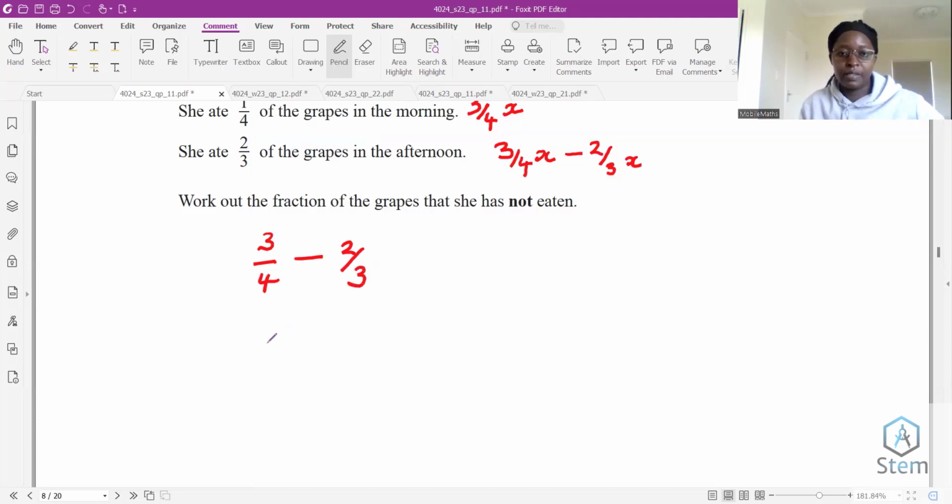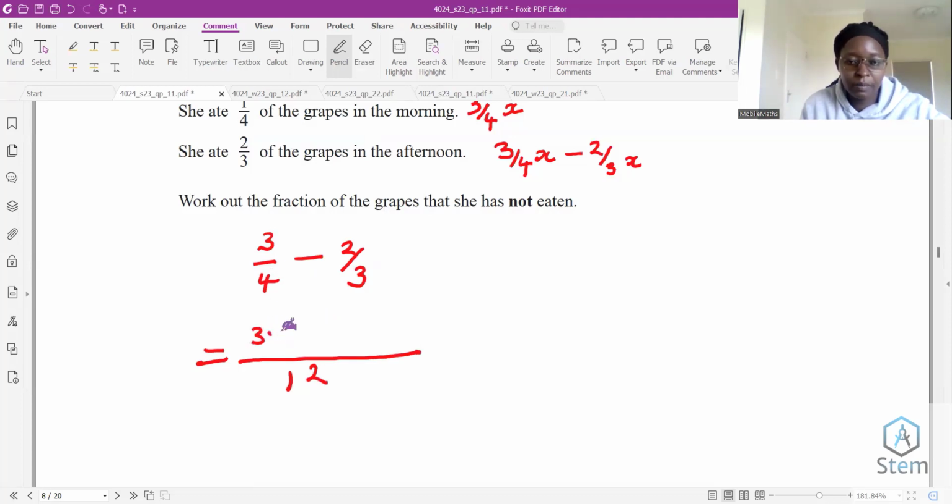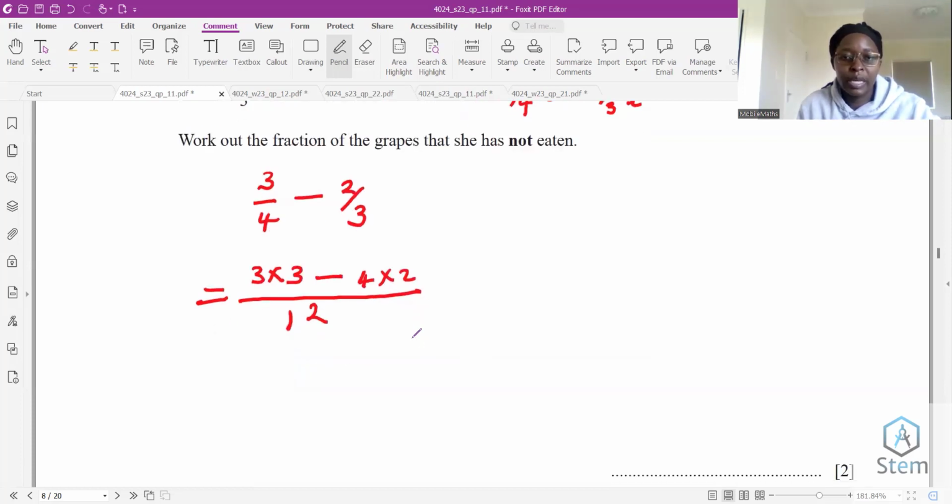Let's simplify this. So the lowest common multiple is a 12 here. It's a 12, so I can have a 12 here. Okay, 4 into 12, that's a 3, so I have 3 times 3. Minus 3 into 12, that's a 4, so I have a 4 times a 2. Okay, so what do we get there?